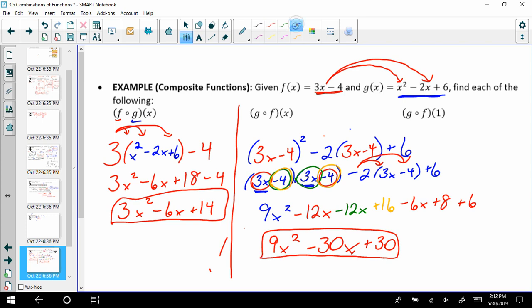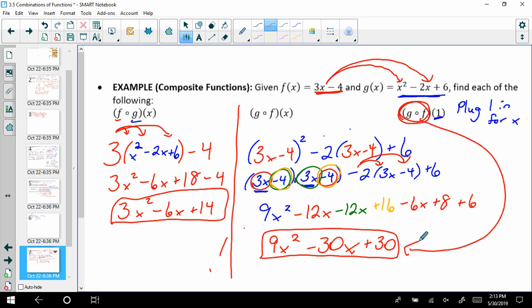And now look at this very last one here. It looks exactly the same as the one we just did, but sitting in x's spot is 1. All that means then is we are going to plug 1 in for x. And we already know this answer, g composed with f. That's this guy.